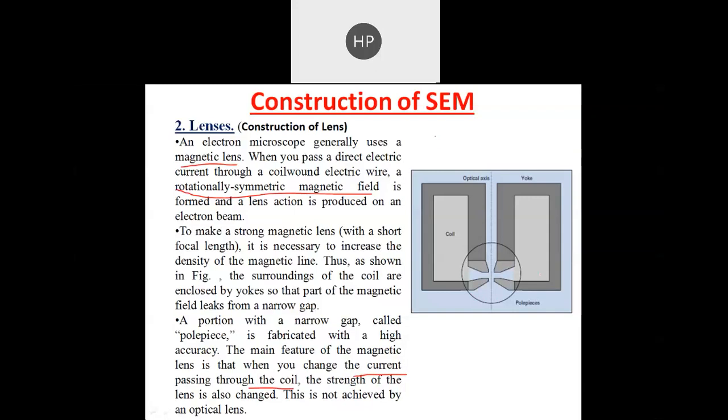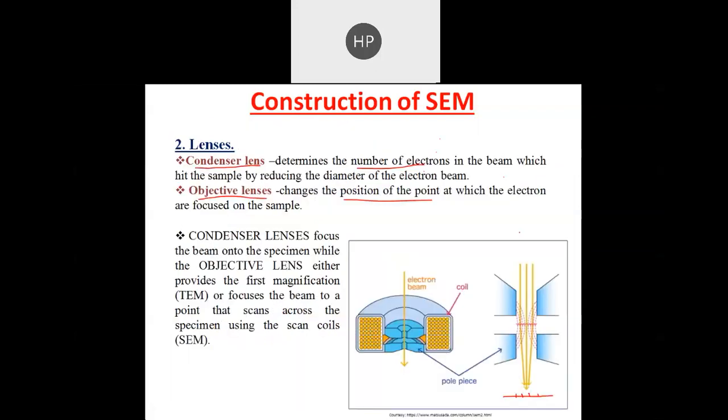As the density of the current or the current value is changed, the magnetic field generated is affected, because the amount of current passing through that gap of the coil may reduce, and accordingly the magnetic field is also affected, so it will affect the final reduction of the beam.